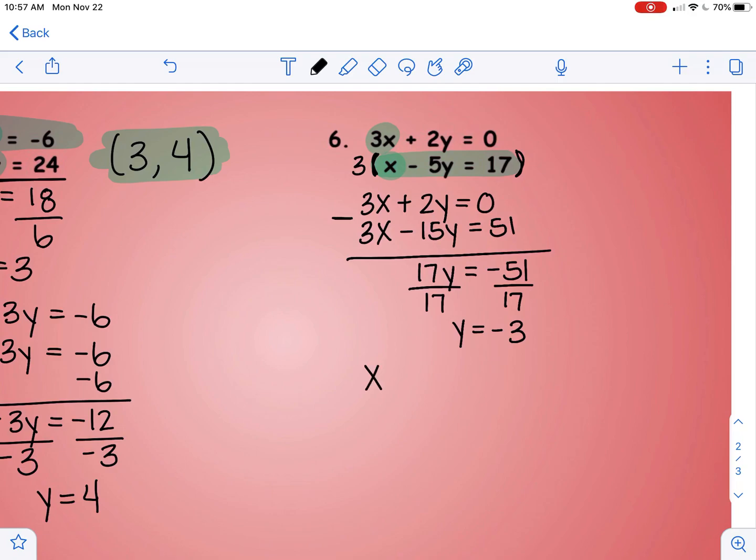So I'm going to have x minus 5 times negative 3 is equal to 17. So I'm going to get x minus negative 15 is equal to 17. But remember, we can rewrite that as x plus positive 15.